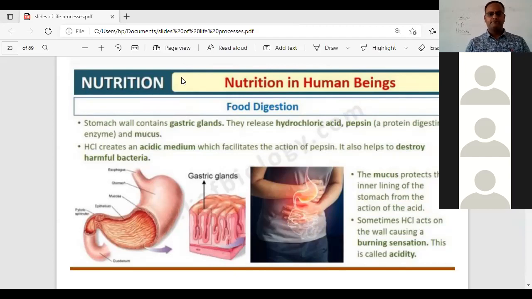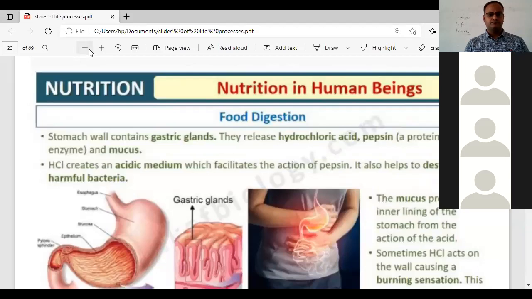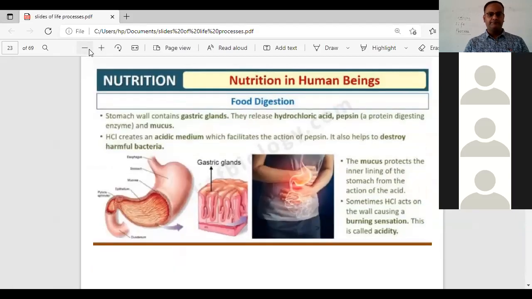The stomach wall contains gastric glands which secrete gastric juices. The gastric juices contain three substances: HCl, pepsin, and the mucus. Correct. Then go ahead. What are their roles? HCl creates an acidic medium. Good.